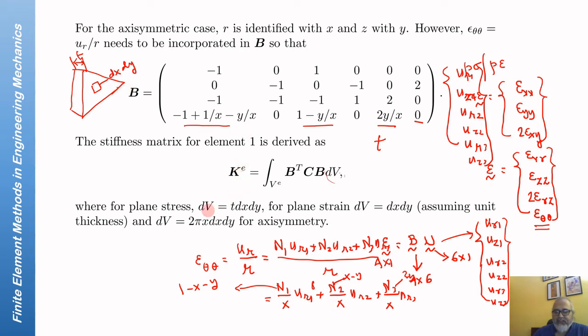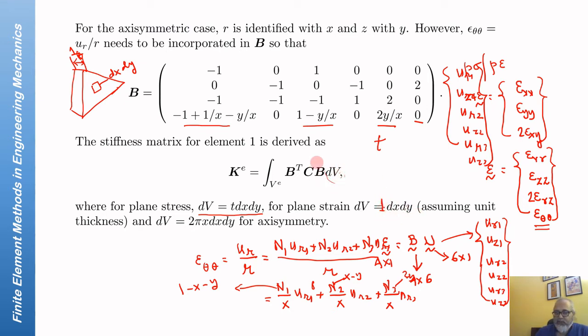So in plane stress, this is the dV that you will use. In plane strain, we generally have infinite thickness in this direction, and we solve things per unit thickness. So this T is equal to 1. So you would replace 1 times dx dy as the volume here.